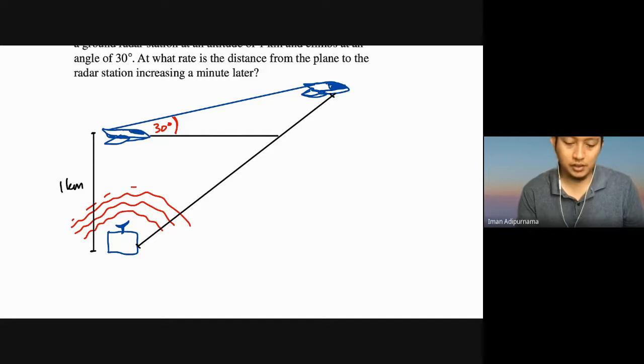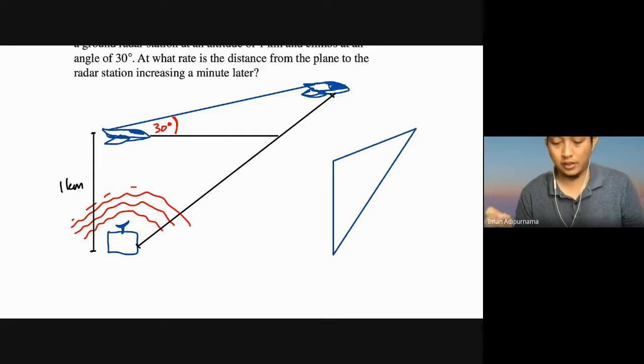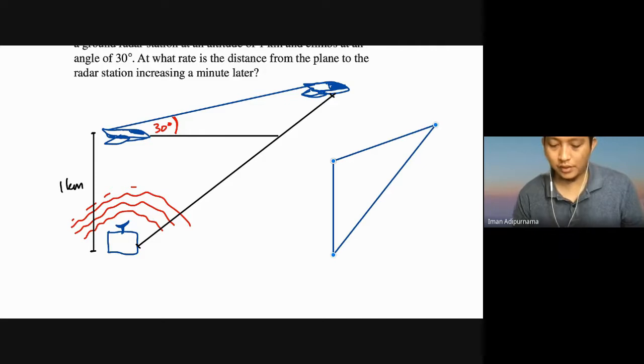So if we want to draw it simply, we have that. That's the triangle we have. So this 30, then the whole angle here would be 120 degree, right? This is 1 kilometer.